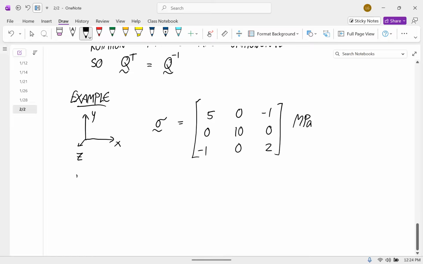And what we want to do is re-express this or transform it to a new coordinate system, where the x-axis is up, the y-axis is to the left, and the z-axis is out of the page.